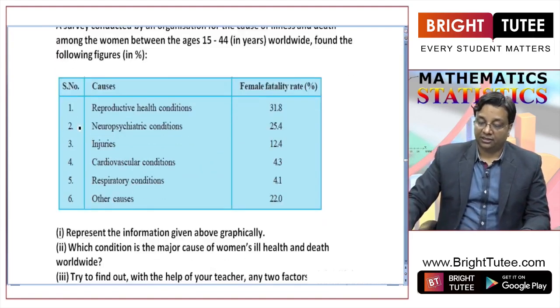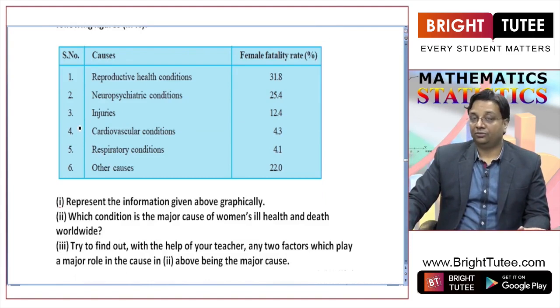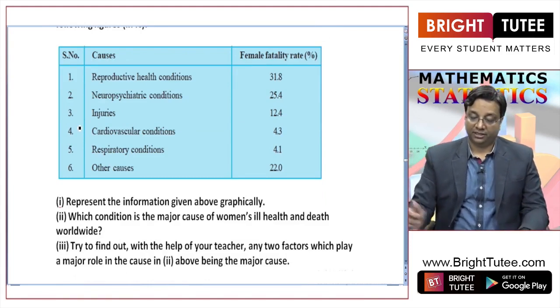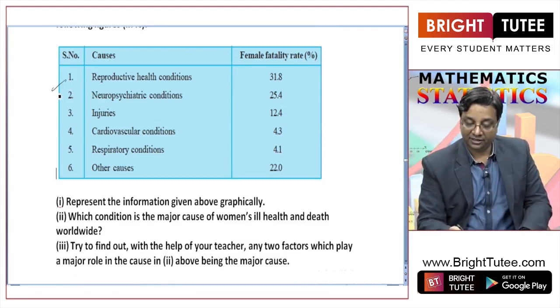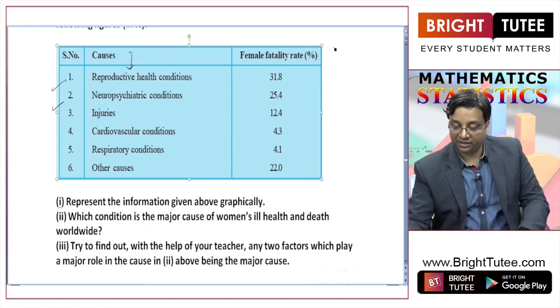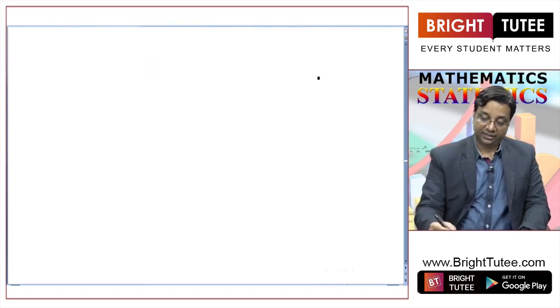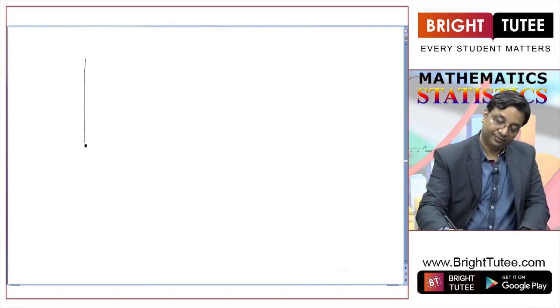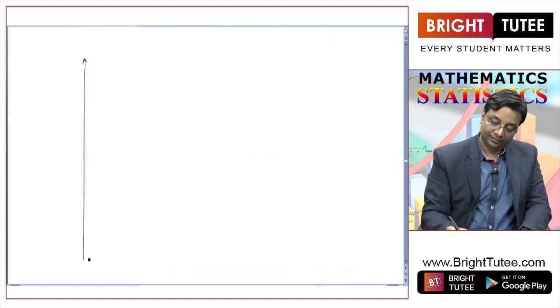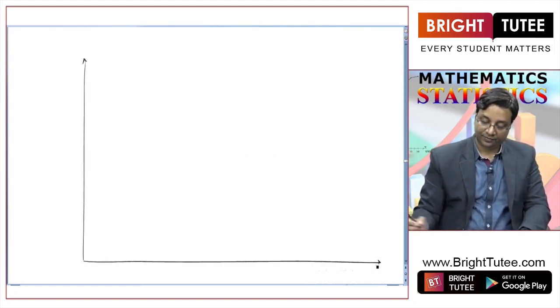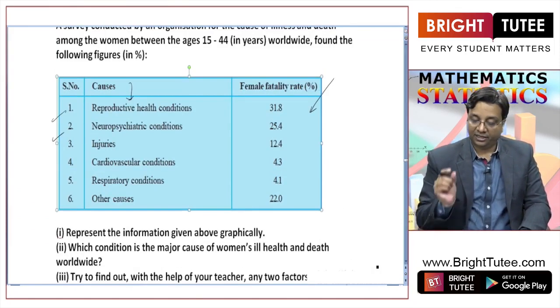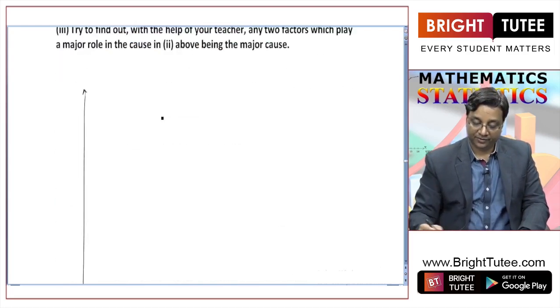So I consider the correct representation would be through a bar graph. So we will take these conditions, these causes on the horizontal axis and these percentages on the vertical axis. Let us take a gap of 1 centimeter for each of these conditions.